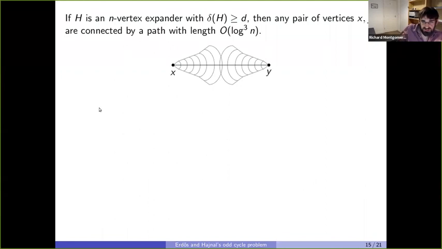Okay, so this is a rather easy property, and the difficulty in our construction is being able to connect pairs of vertices while avoiding other things that we've constructed already. And that's where all the difficulty comes in.